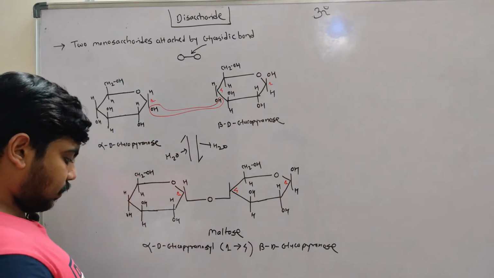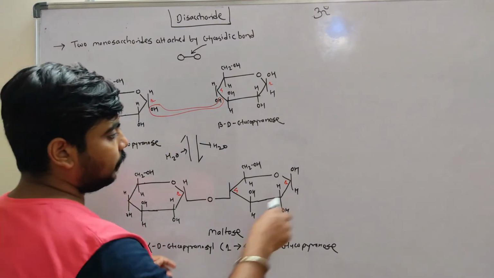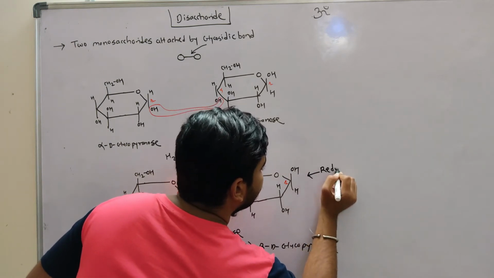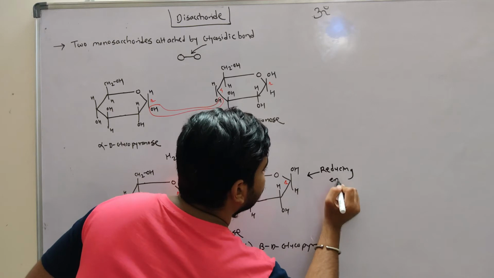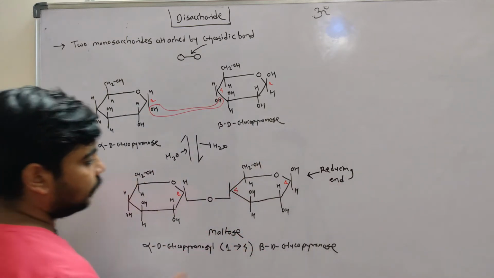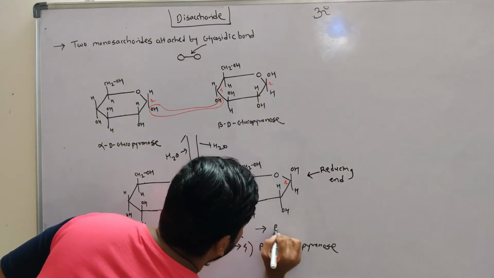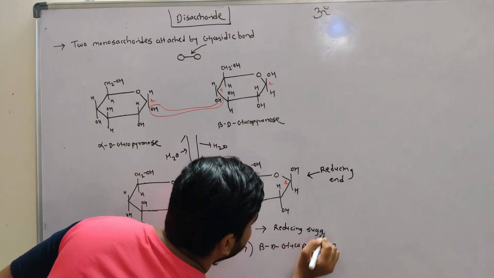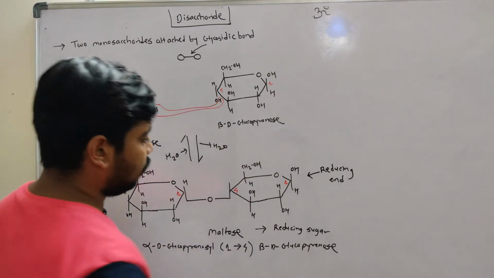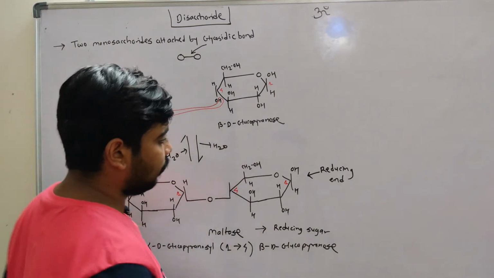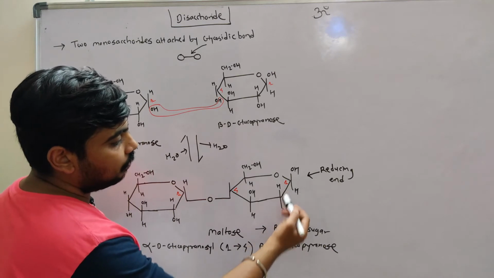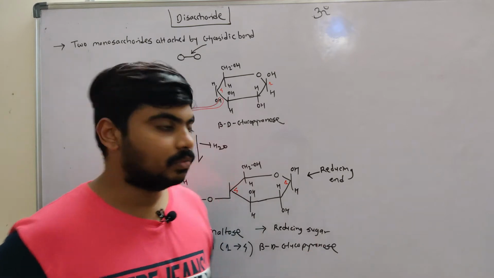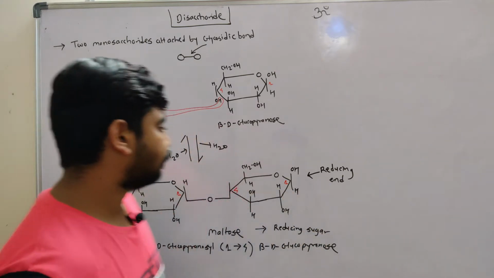This has a reducing end, so maltose is a reducing sugar, because it has one anomeric carbon which is free to form a glycosidic bond with another glucose or any monosaccharide.